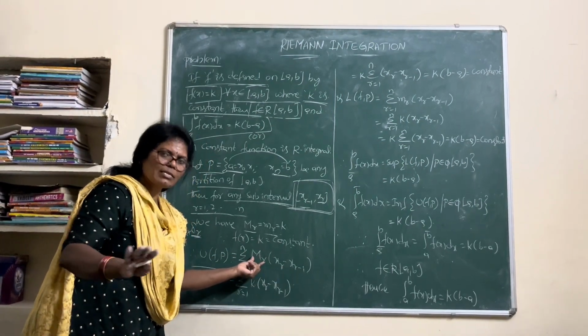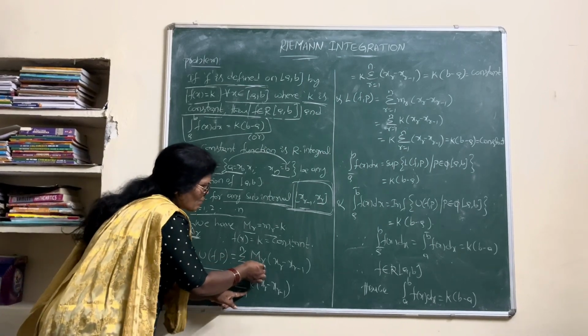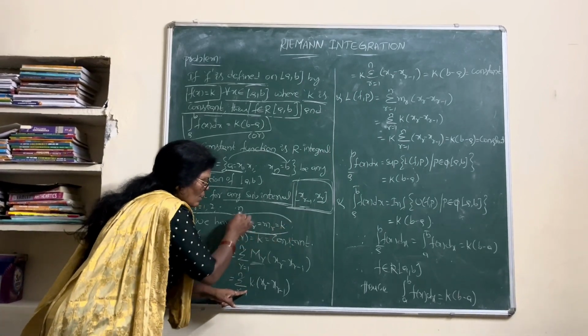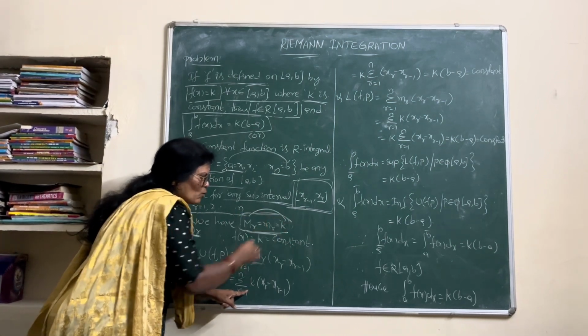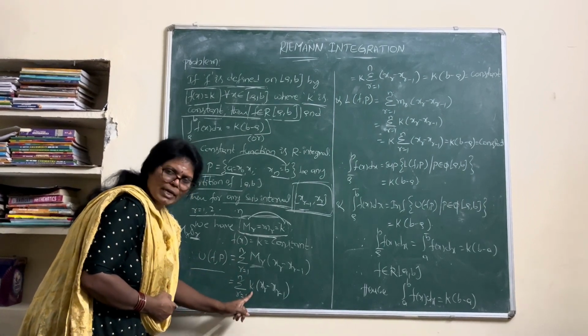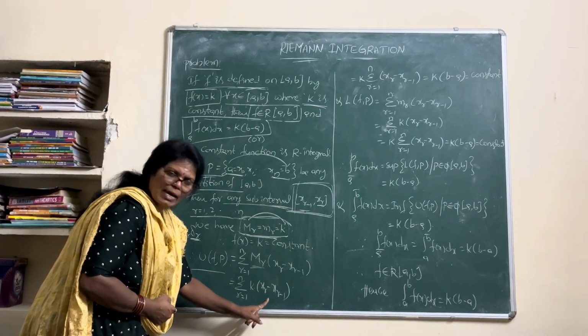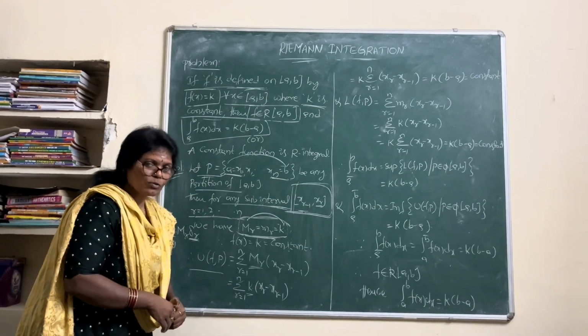Capital Mr as it is you should write. Here capital Mr, we have small mr and capital Mr, in both cases the constant is k. So for capital Mr you should take k, and the length of the interval as it is you should write. Here k is constant, so we can take it outside of the summation.